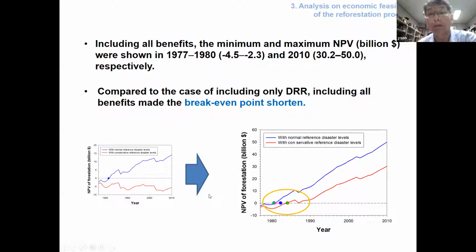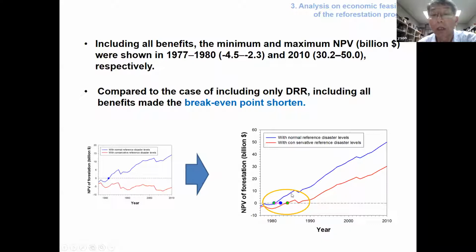However, if we include the other three benefits, regardless of reference level, both of them are positive. Are you following? Okay? Yes. Okay, good. So both of them are positive after some years of reforestation.